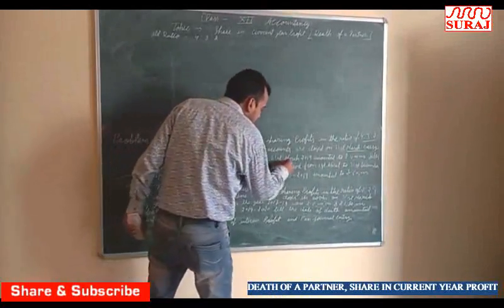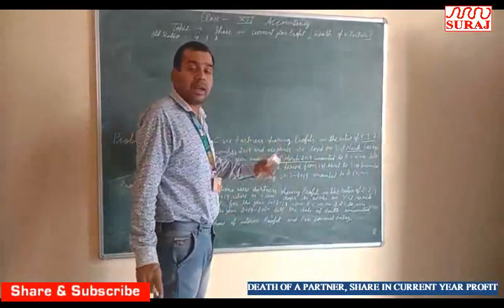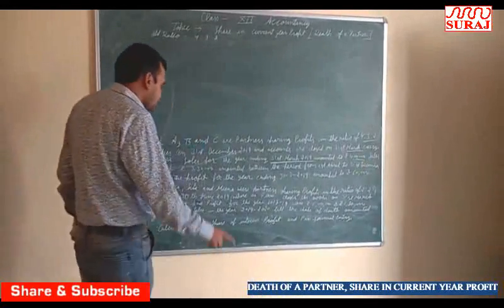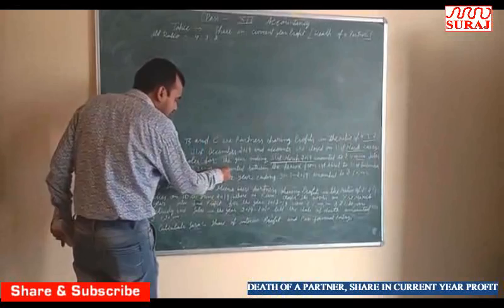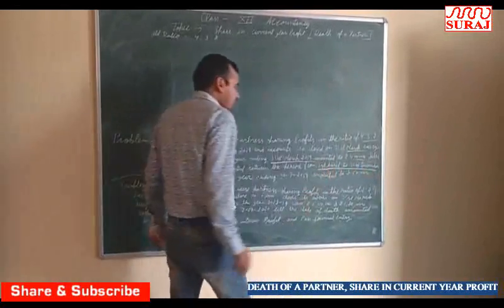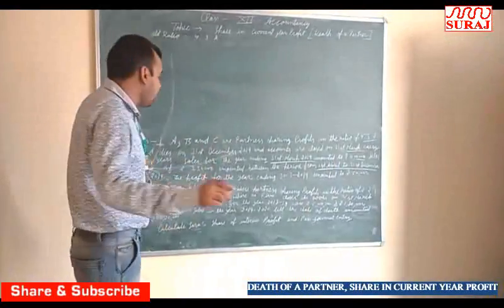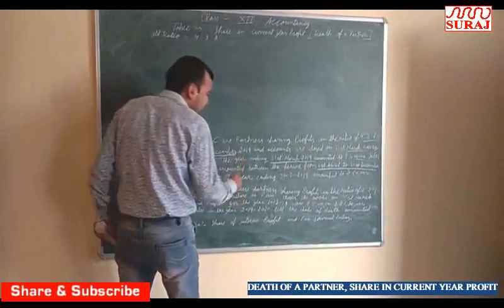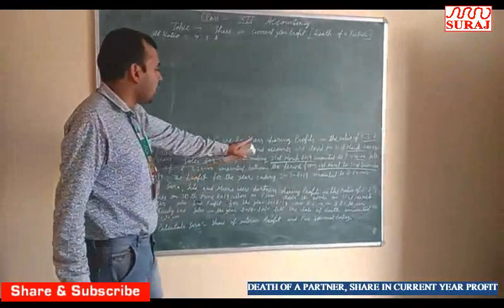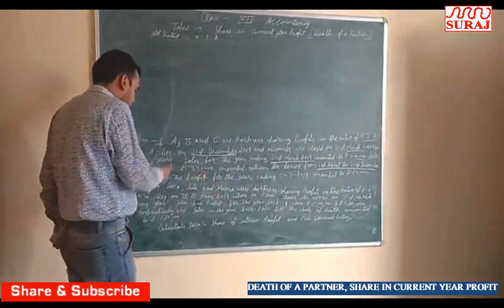Sale for the year ending 31st March 2019 amounted to 4 lakh, and sale for the period from 1st April to 31st December, the date on which A died, was 3,30,000. That means the sale from the opening of the current year to the death of the partner is 3,30,000.